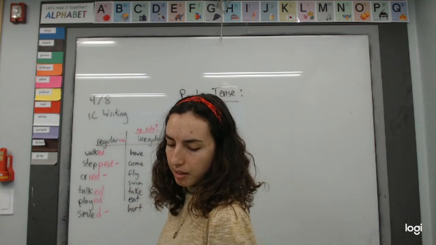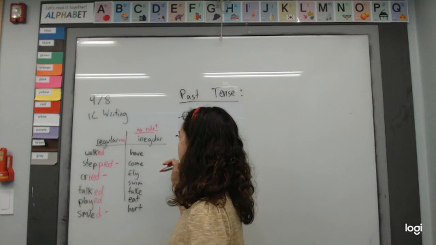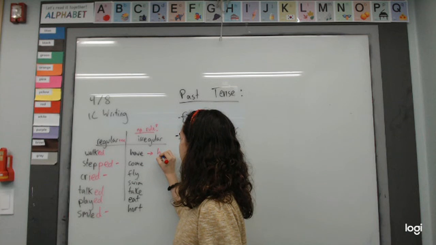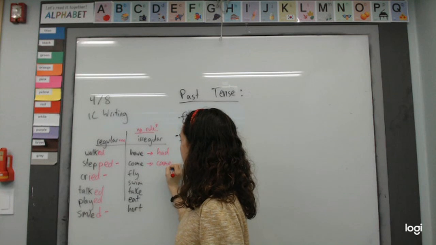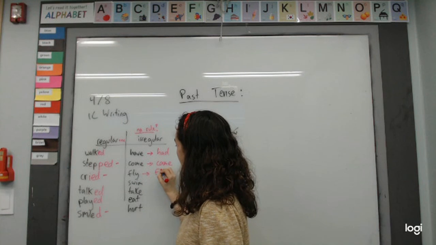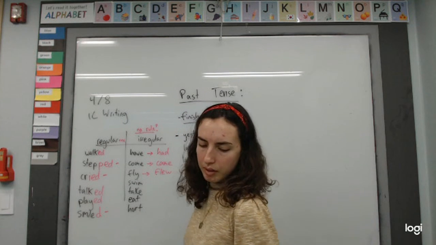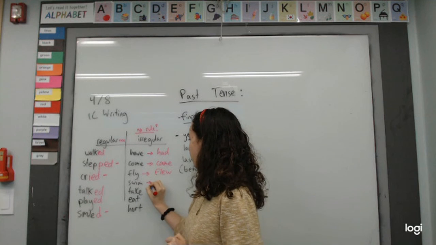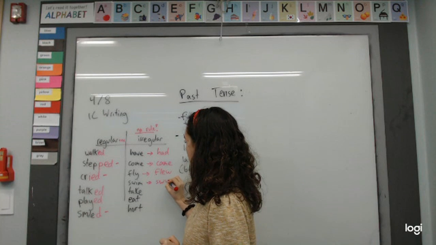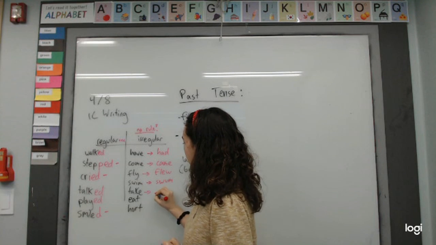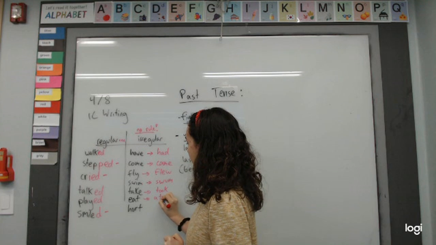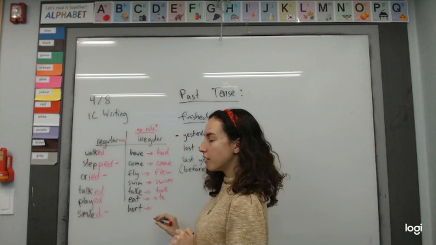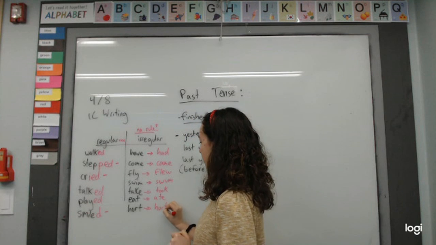So these past tense words have special endings. Have becomes had. Come becomes came. Fly becomes flew. Swim becomes swam. Take becomes took. Eat becomes ate. And hurt doesn't change, it just stays hurt.